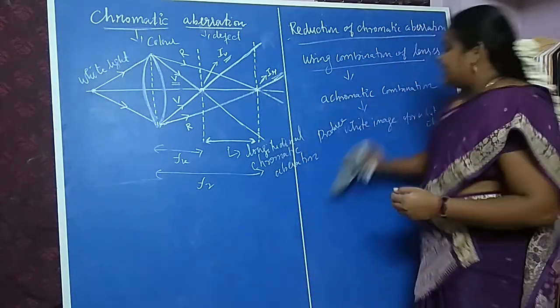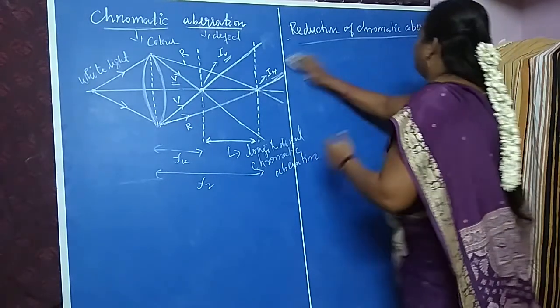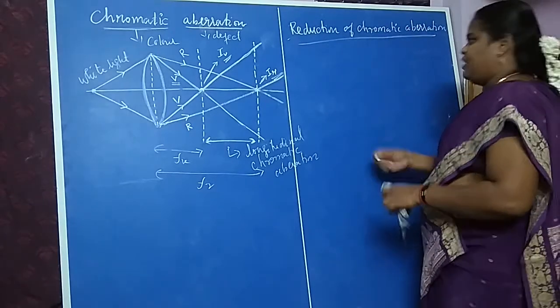Now we will see the conditions. What are the conditions for chromatic aberration to be minimized?